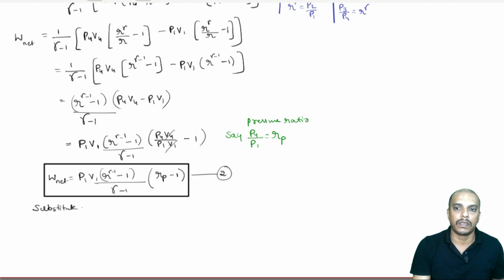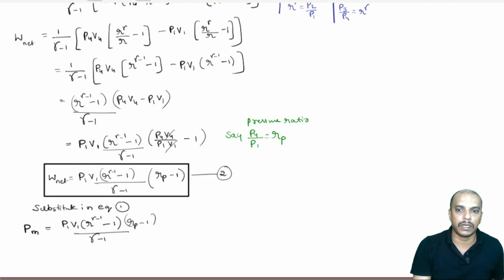If you recall the expression, mean effective pressure is work net, P1 V1 R power gamma minus 1 divided by gamma minus 1 into RP minus 1, divided by our swept volume V1 minus V2. So this was our expression.